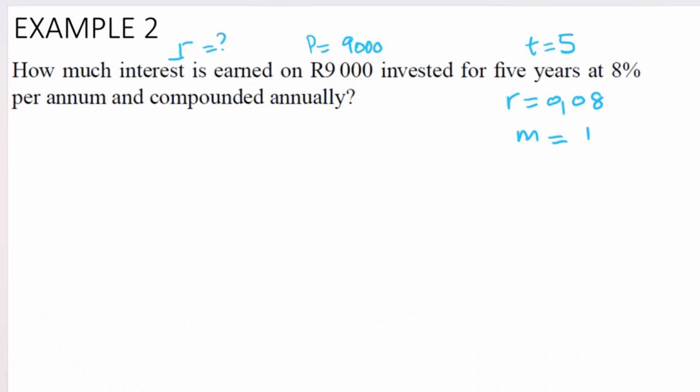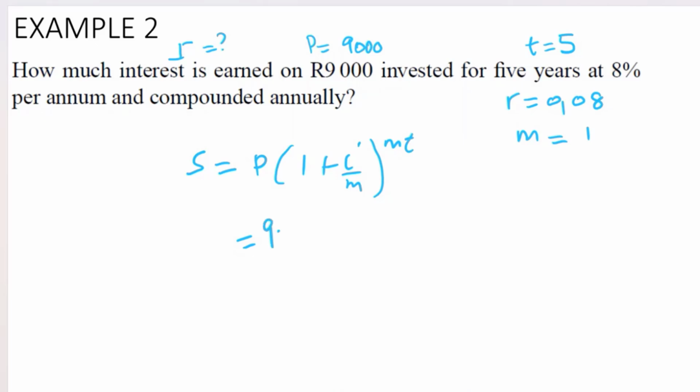So this is a compound interest formula. So you're going to have your S is equal to P into 1 plus I over M to the power MT. You need to find your S first.